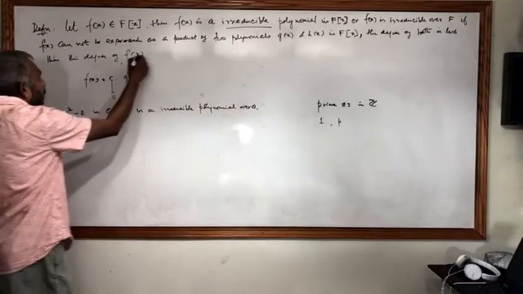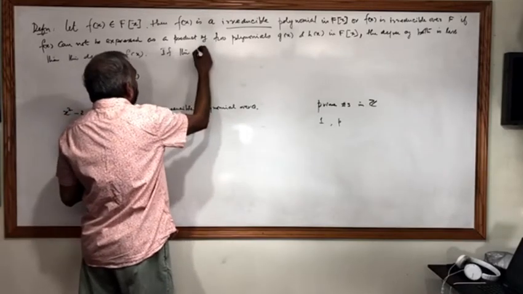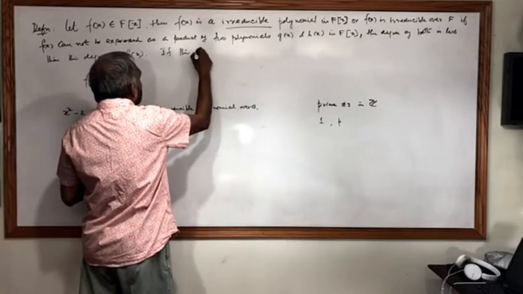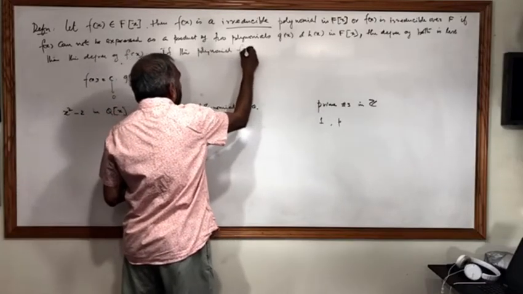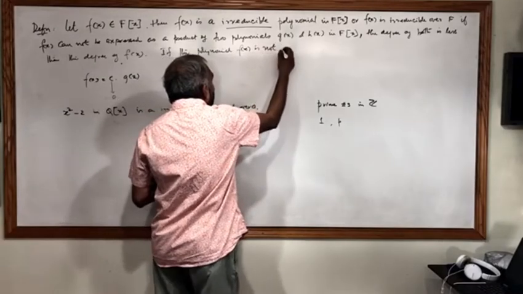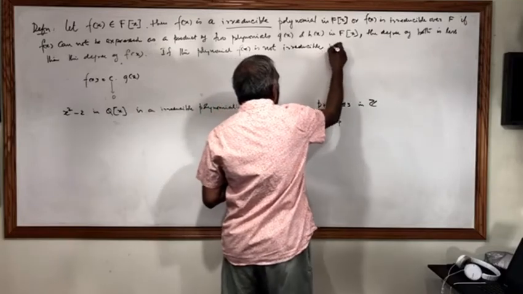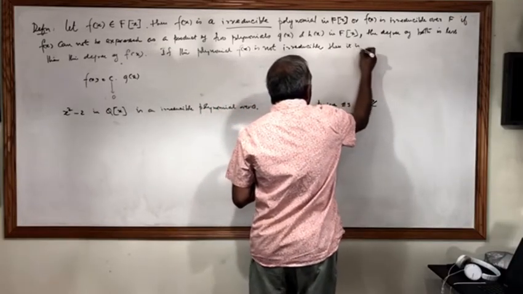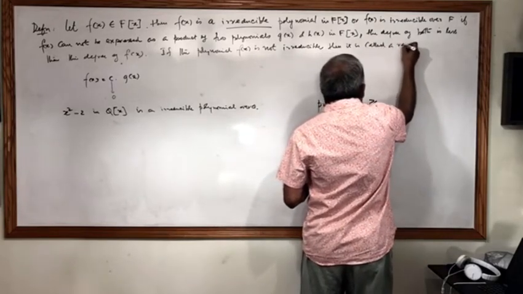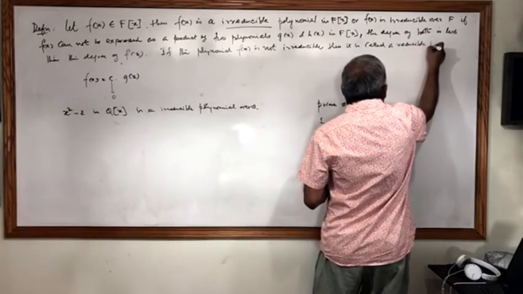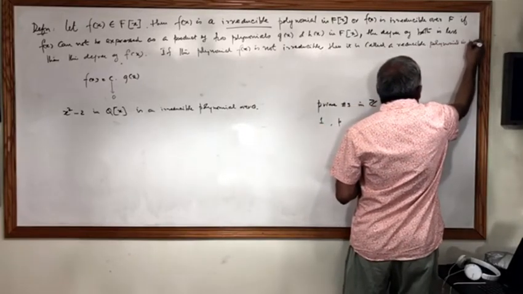Well, I need to extend this definition. If the polynomial f(x) is not irreducible, then it is called a reducible polynomial in F[x].